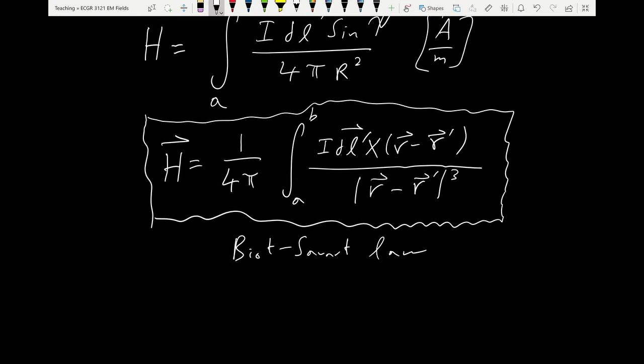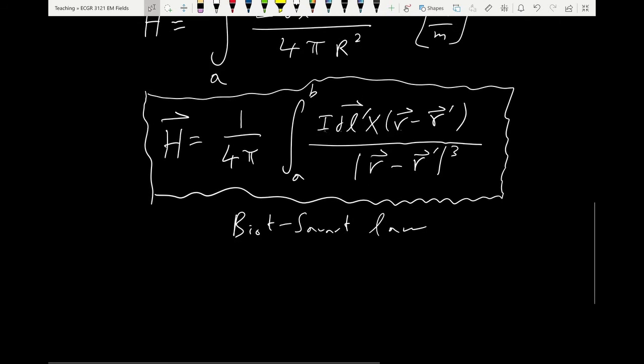For example, if I does not depend on where you are on the wire, if it's constant, you can take it out. Same with r hat. Typically R is varying, of course, because you're moving along the wire. The distance between the element on the wire and the point where you're calculating the field is varying, so this will remain within the integral.